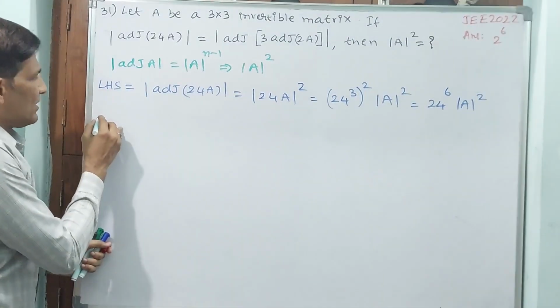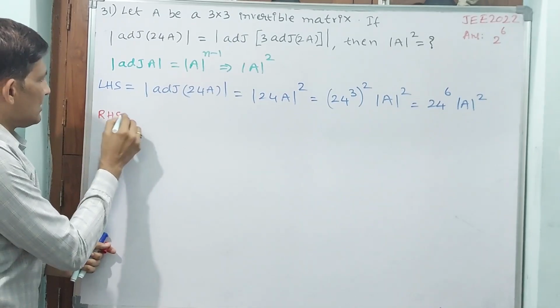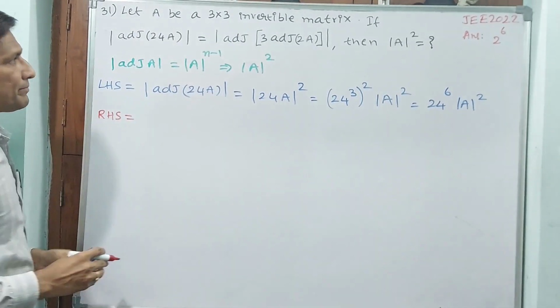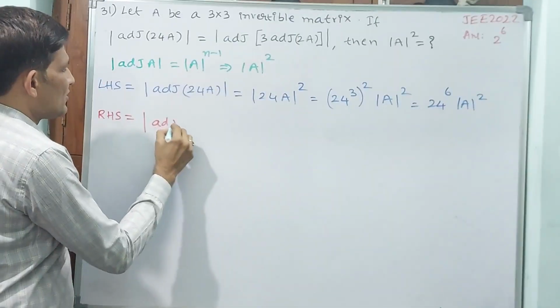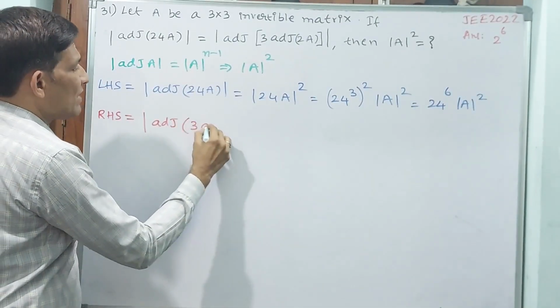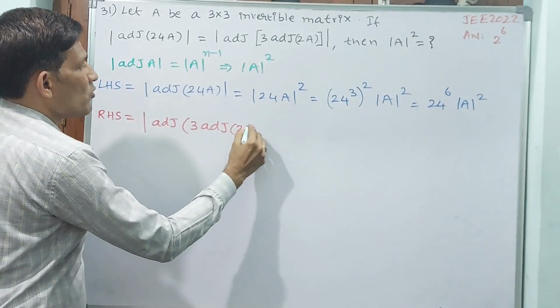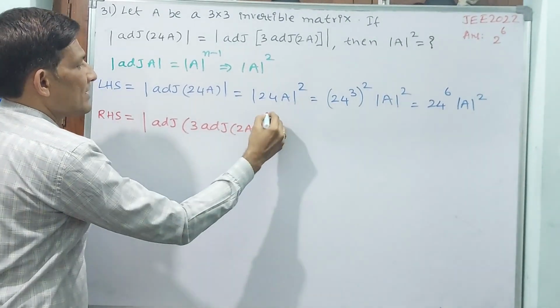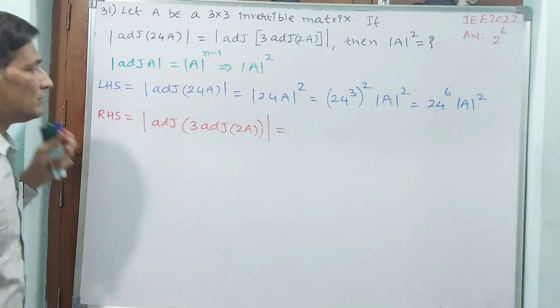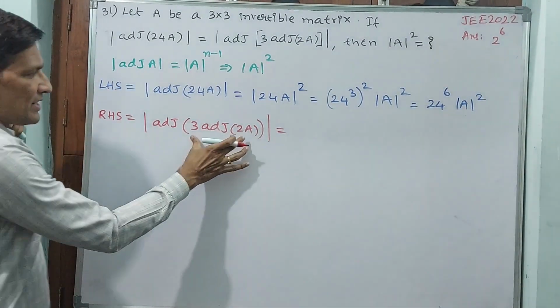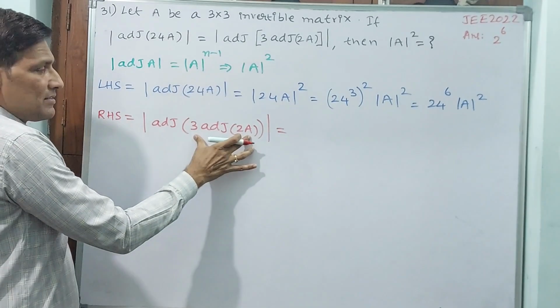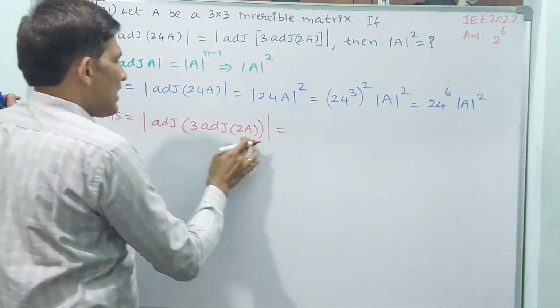Now come back again. RHS I am writing. RHS is a little bit typical, but observe carefully. Determinant of adjoint of 3 times of again adjoint of 2A, double bracket, determinant is equal to. Now once again you see, adjoint of A, you consider 3 times adjoint of 2A as A. What will happen?